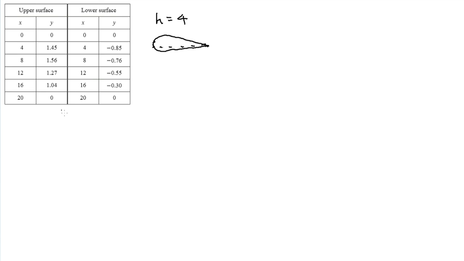So let's just do the table for now, and the y will be the amended value for y, which is the combination of both of them together. 1.45 subtract negative 0.85 will give you 2.3.